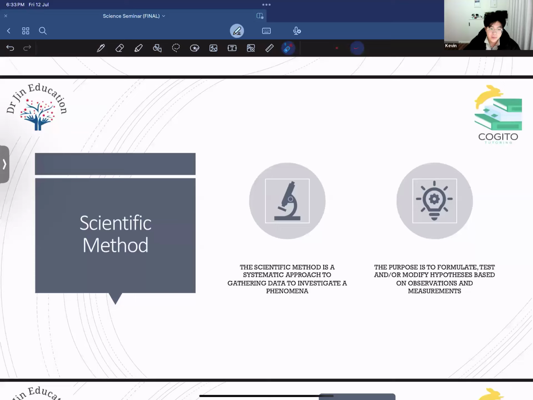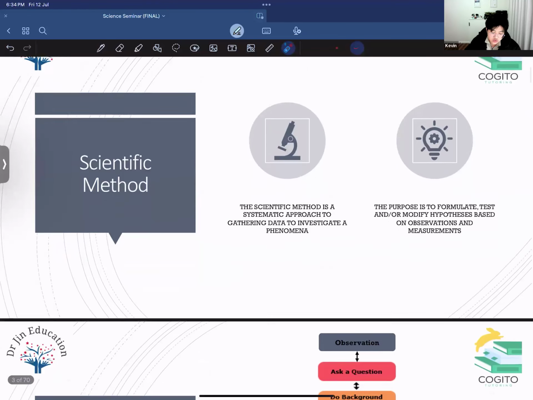What is the purpose of the scientific method? The purpose is to formulate, to test, and or modify hypotheses based on observations and measurements. Some of you may know this word hypothesis, but it's just an educated prediction on why it happens. We'll talk a little bit more about that later on.